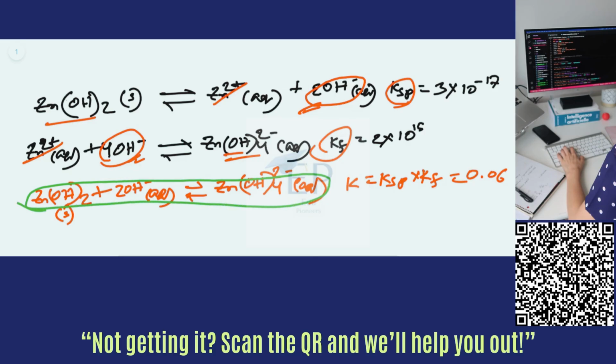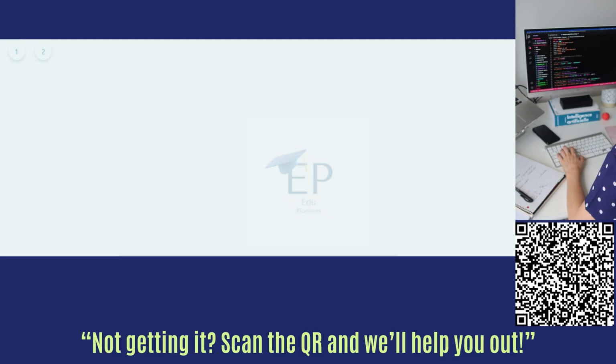So if we form the ice table, we have initial, let's find the initial concentrations, where for OH minus, let's write it a little bit lower.